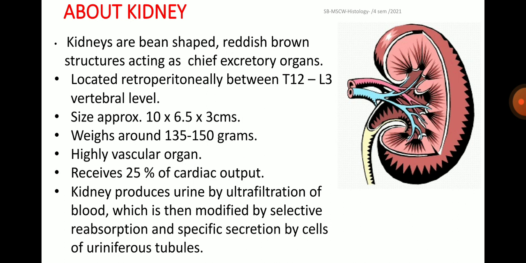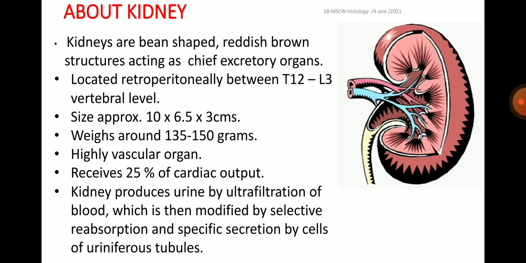Before explaining the histological structure of the kidney, let me give you a small gist about its external anatomy as well as its location. So you can mention kidneys are bean-shaped, reddish-brown structures acting as chief excretory organs.